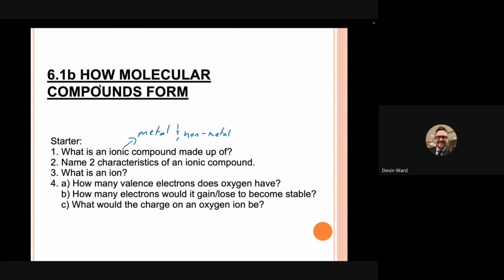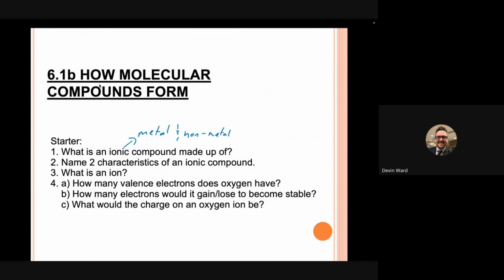Water is a liquid at room temperature. And something that's a solid would be like sugar. Sugar is different than table salt. Table salt is an ionic compound. Sugar, like sucrose, is a molecular compound, but it's a solid at room temperature. They're also very poor conductors of electricity. Pure water doesn't conduct electricity as well as salt water does because of the salt.